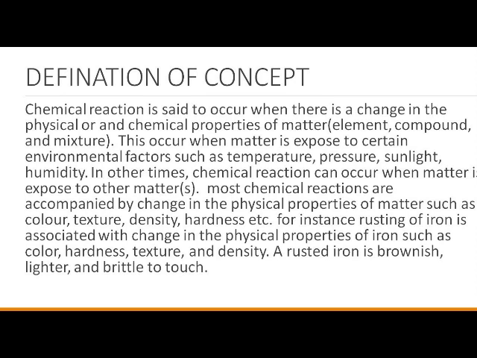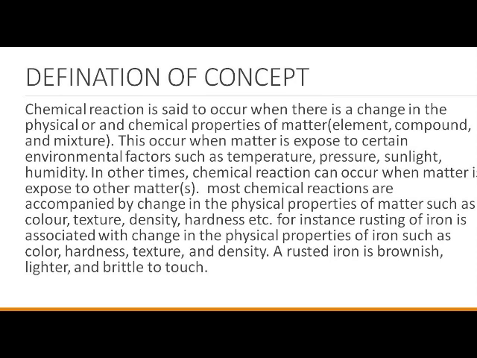Now, this chemical reaction occurs when matter is exposed to certain environmental factors such as temperature, pressure, sunlight, humidity. At other times, chemical reaction can occur when matter is exposed to other matter, either elements, compounds, or mixtures. Most chemical reactions are accompanied by change in the physical properties of matter such as color, texture, density, hardness.